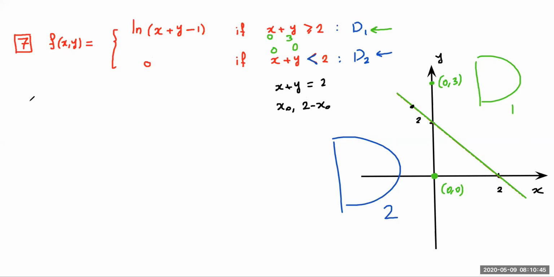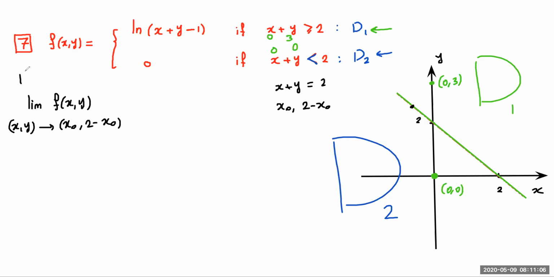Let's prove that, let's search the limit of f(x,y) when (x,y) approaches (x0, 2 minus x0).